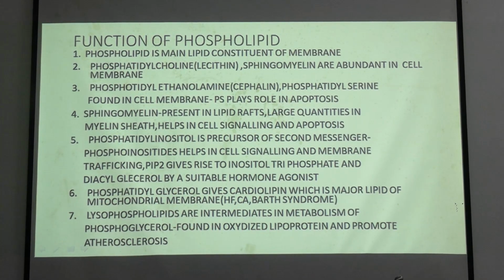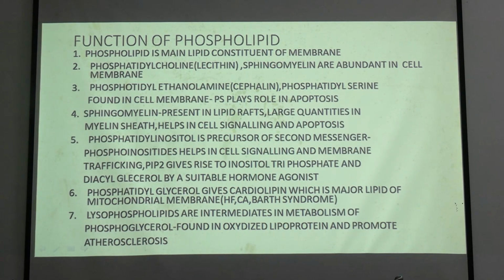They are specialized structures present in the outer leaflet of the lipid bilayer. Sphingomyelin is present in large quantities in the myelin sheath, and helps in cell signaling and also apoptosis. So, phosphatidylserine and sphingomyelin both help in apoptosis.